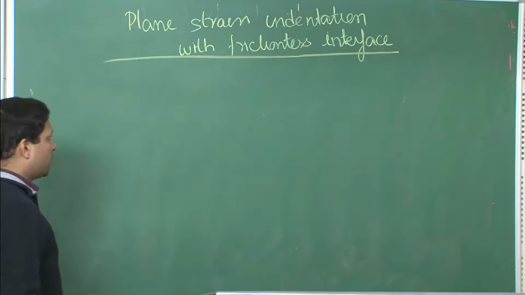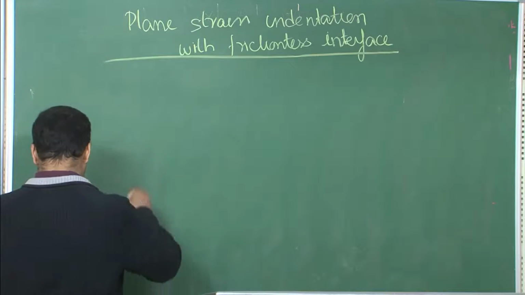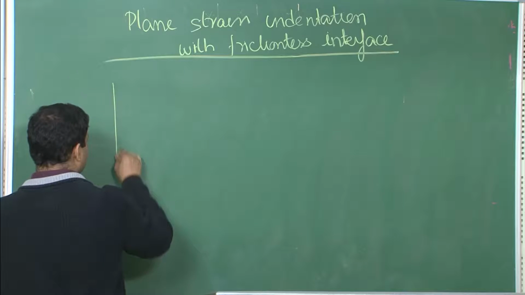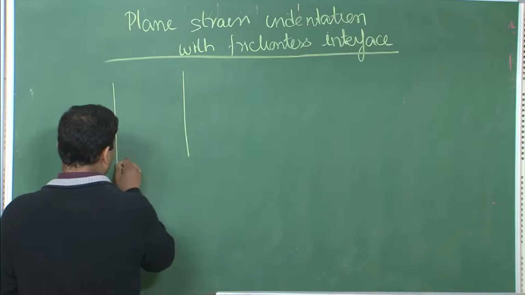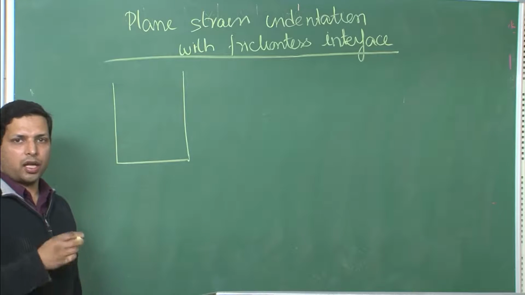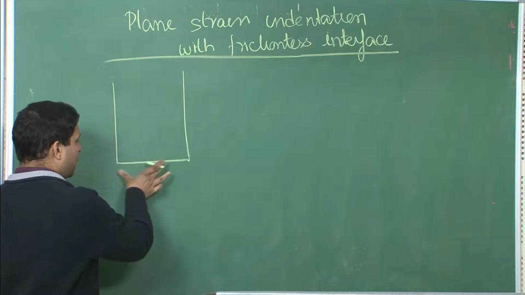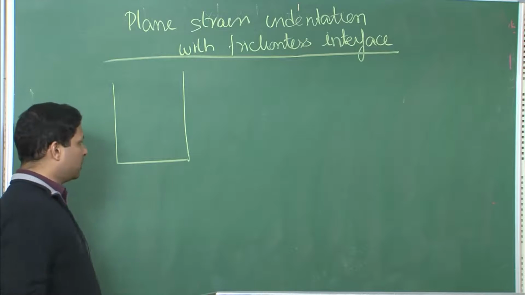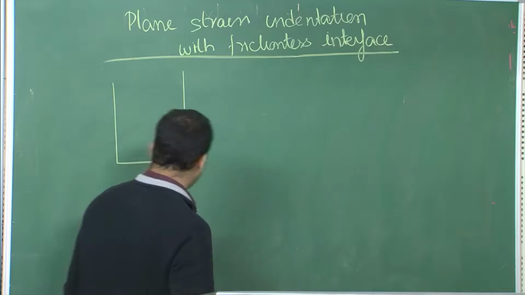Okay, so what is the geometry here? Let us draw the geometry. Let us say this is an indenter. This indenter does not have any geometry at the end of it. It is a flat indenter, and let us say there is a surface over here.